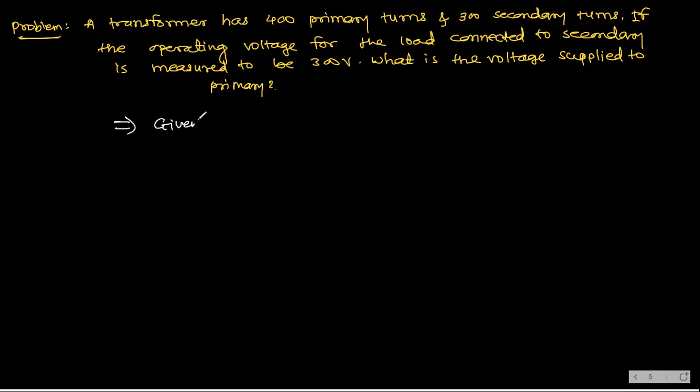First you write down given. What is given? Has 400 primary turns, means NP is equal to 400. 300 secondary turns, means NS is equal to 300. Operating voltage for the load means VS, or you can write it as ES also, that is 300 volt. And what he is asking, EP is equal to how much? So what formula do we have?